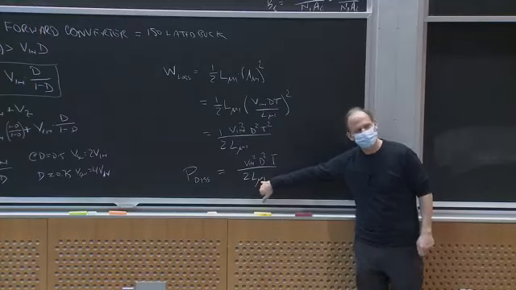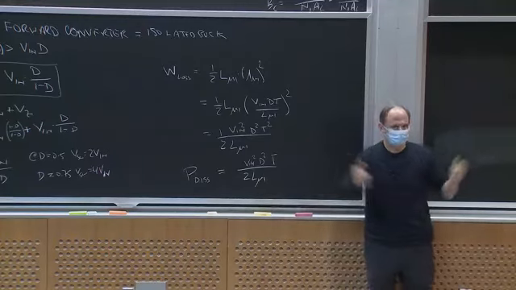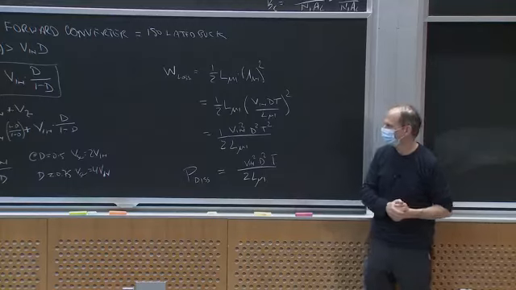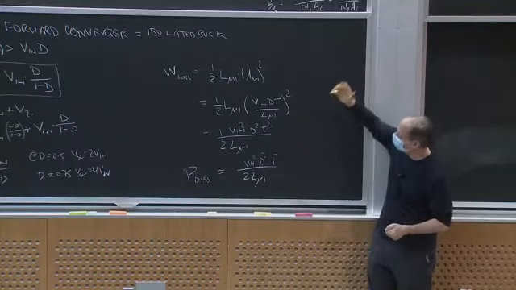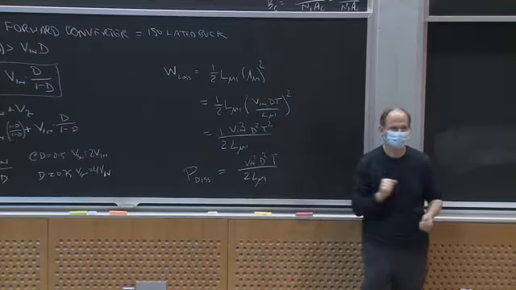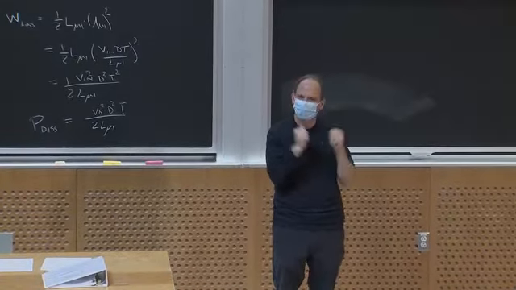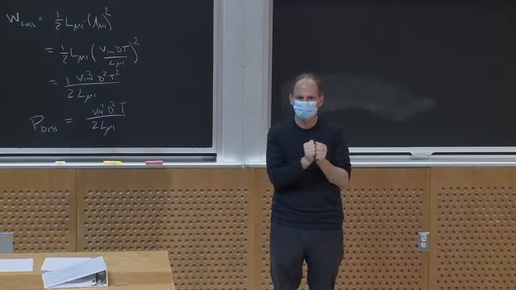If my magnetizing inductance is big, I don't store much energy in the core and then I don't dissipate much. So in this design, I would like my magnetizing inductance to be as big as I can. I want this to be as close to an ideal transformer as possible in order to reduce the amount of energy I store in the core and throw away. Any questions about that?